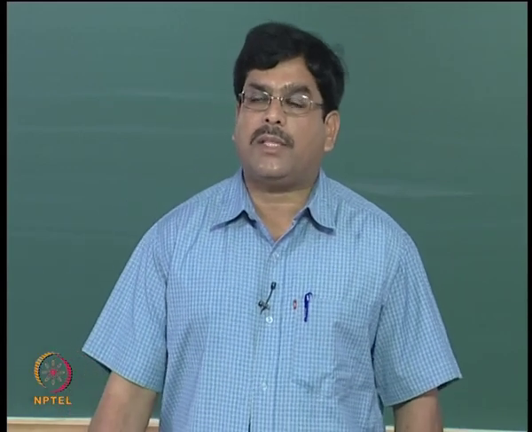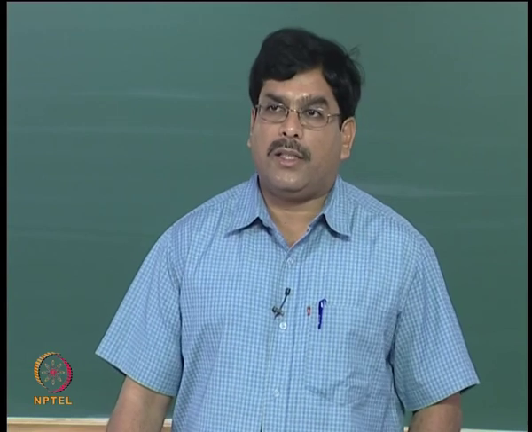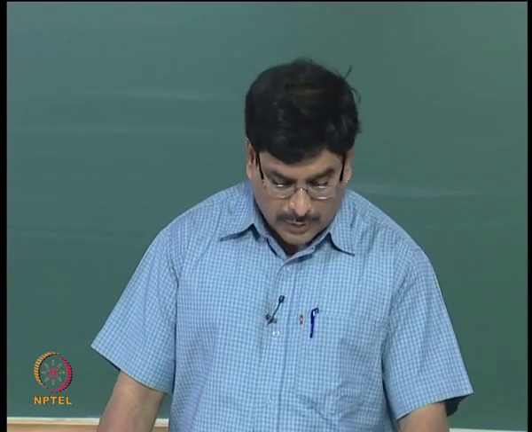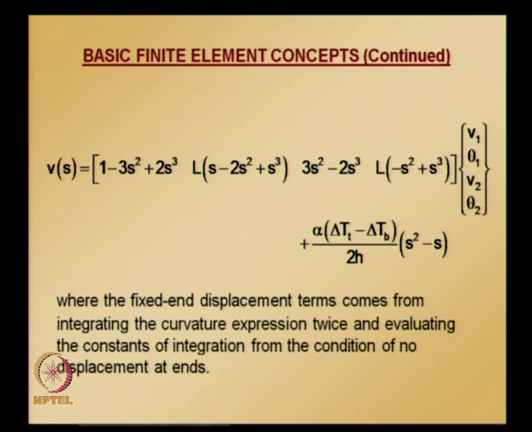So, adding this fixed end solution to the finite element interpolated solution, we get the accurate solution, where the fixed end displacement terms come from integrating the curvature expression twice, evaluating constants of integration from the condition of no displacement at the ends.